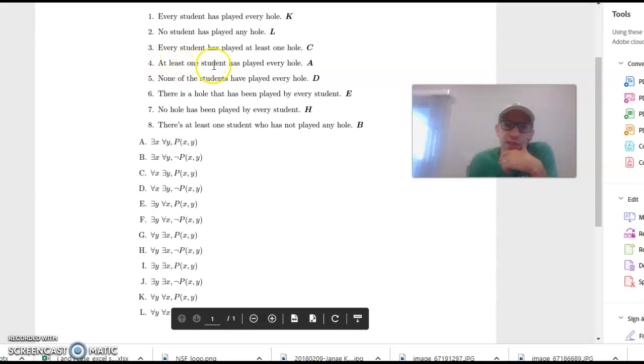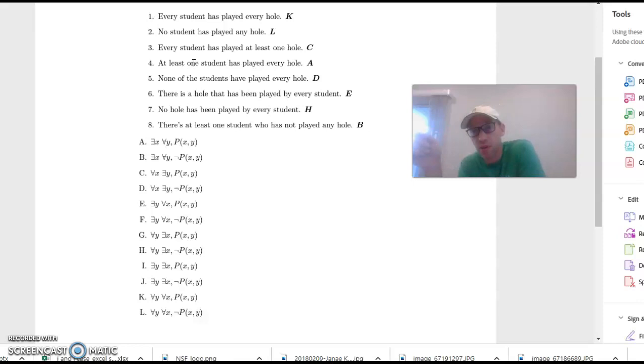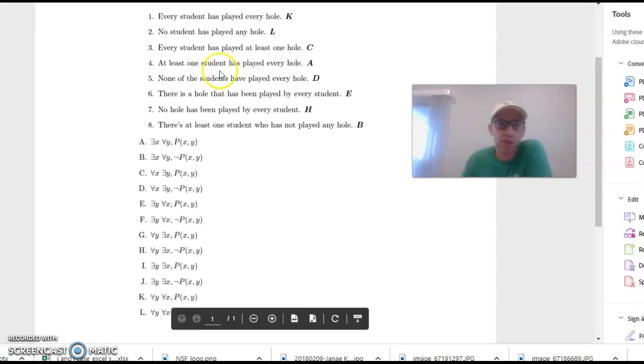There exists a student such that for every hole, the student has played the hole. Actually, that flows pretty nicely. At least one is the same as there exists. So this one would fall into A there. There exists a student such that for every hole, or for any hole, the student has played the hole.